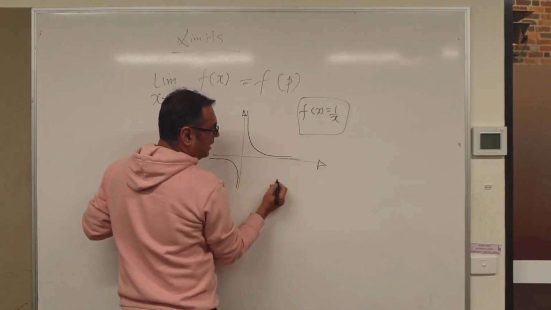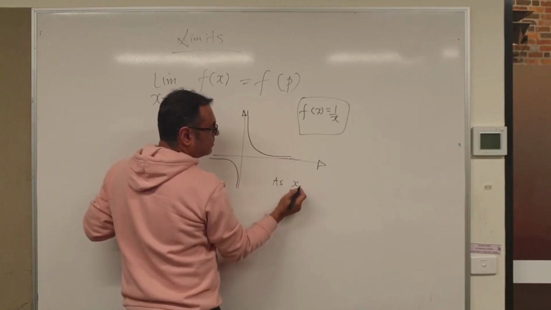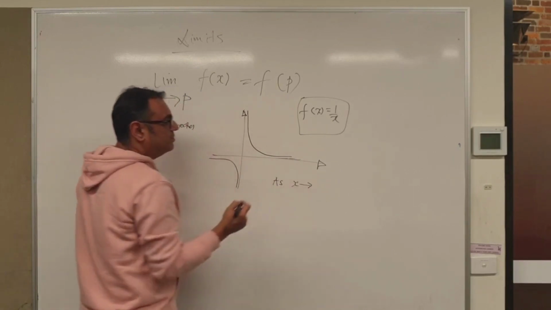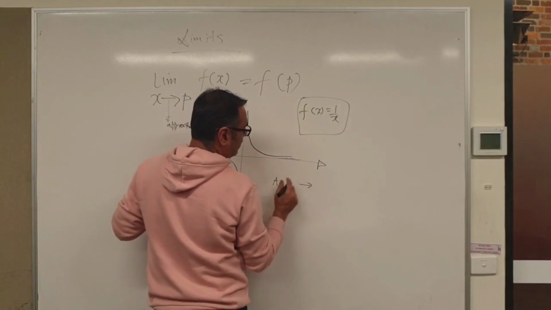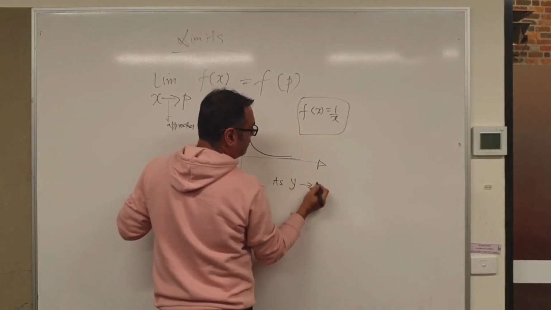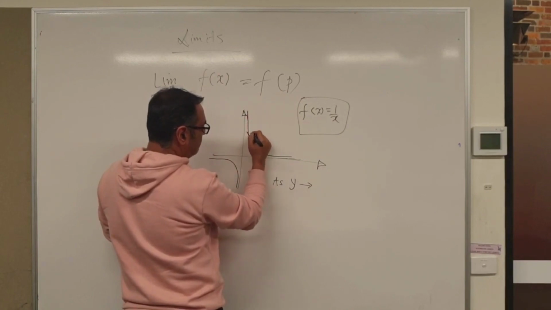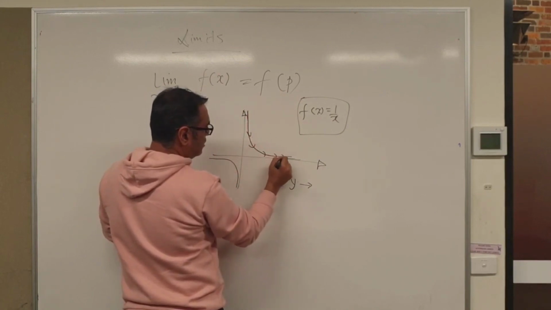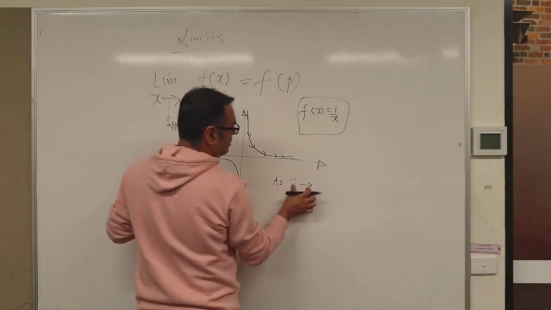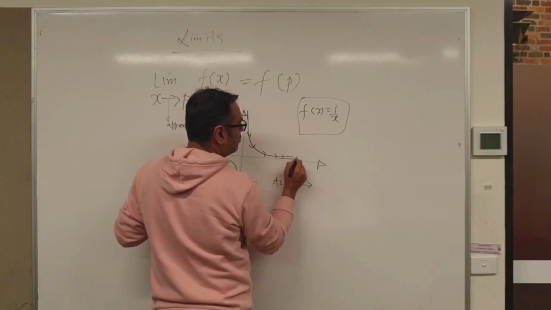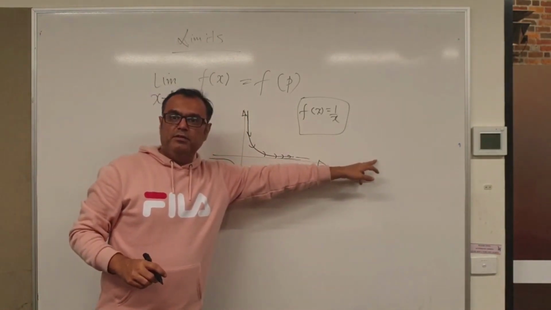As I traverse this graph, what is happening to the value of x here? It's going to infinity, right?